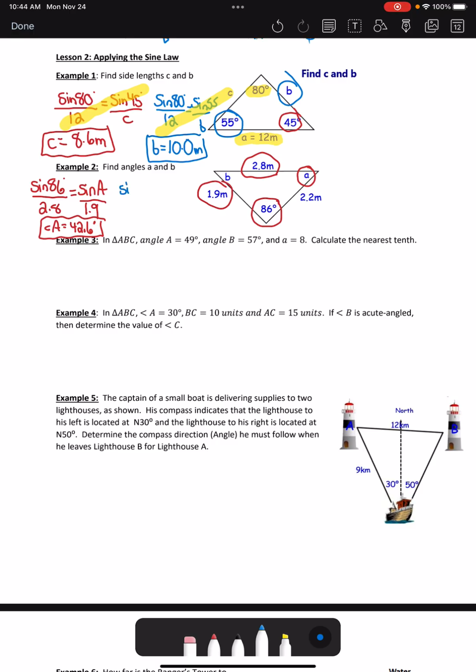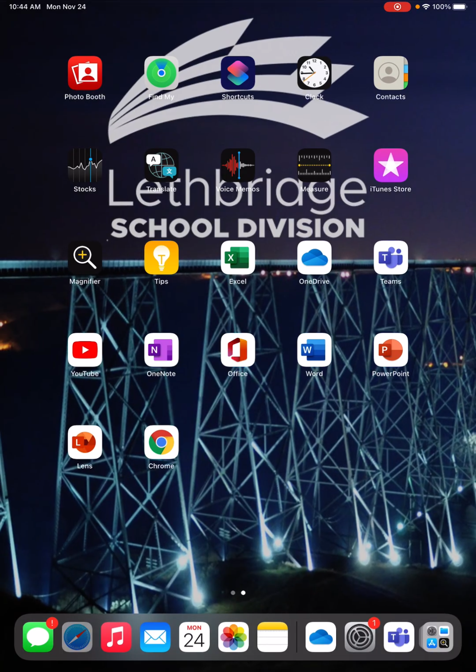So we have sine 86 again over 2.8 equals sine B, which is opposite to 2.2. So then I'm looking for angle B, and I'm going to cross multiply and divide again.